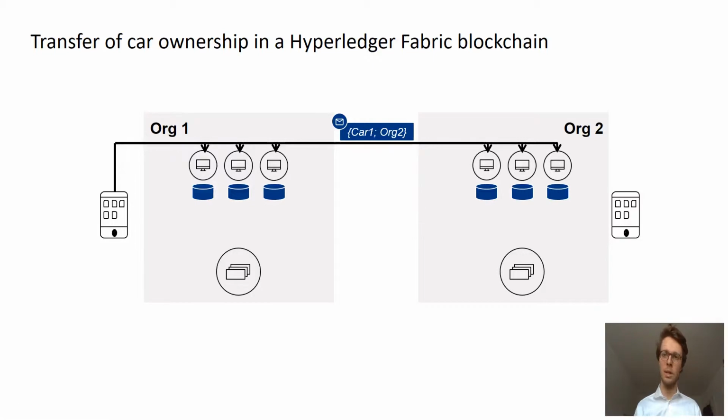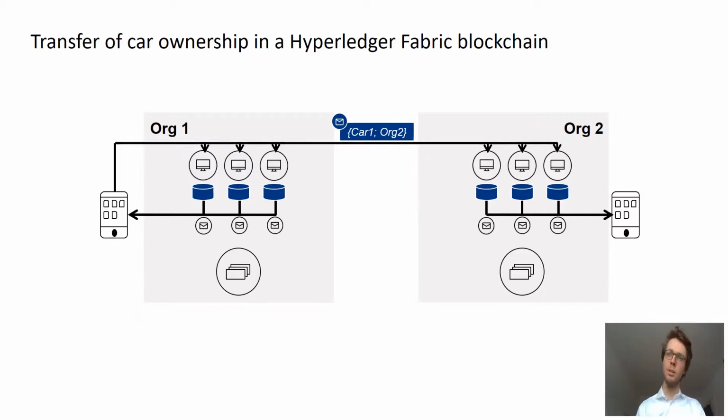Next, all those peers take in the message and try to process it. So they access their database and simulate what would happen if I would process this message. So the result of what would happen is the simulation.